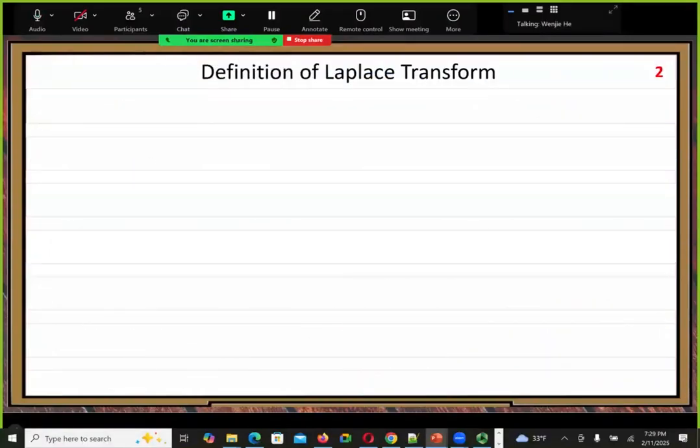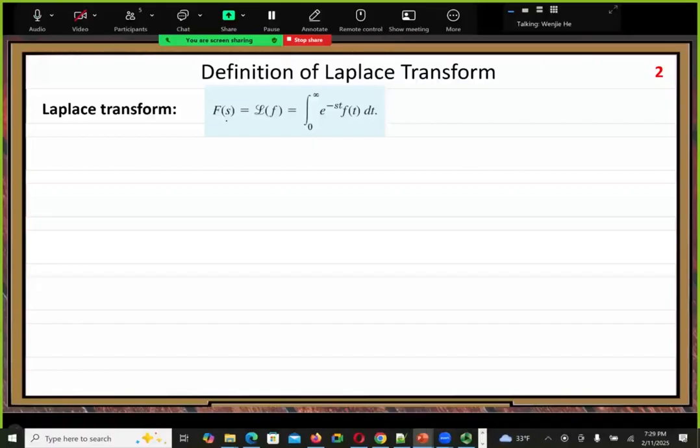Next, the definition of the Laplace transform. Now we need to write the formula. What is the Laplace transform? The formula is like this. First, here we use capital F of s, equals the curved L, the Laplace L. The textbook author used this curved way to write L, L of f.